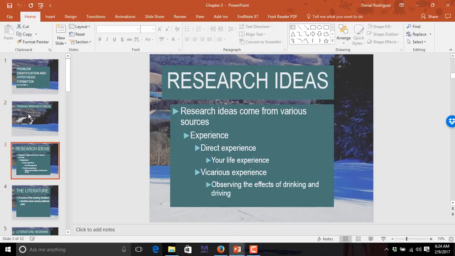In general, we do it two different ways, or several different ways. One is through experiences. So either we have direct experiences that lead us to formulate our hypotheses. For instance, if somebody is suffering from a psychological illness, for instance, anxiety, their experiences with anxiety might lead them to propose hypotheses as to the causes or cures for anxiety.